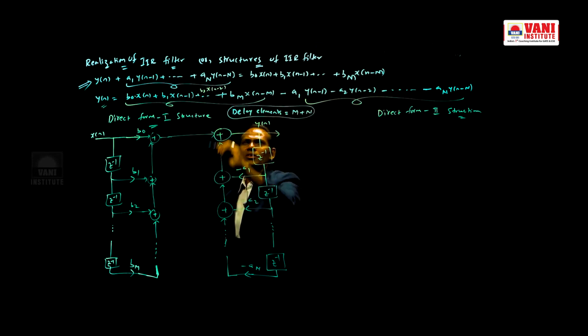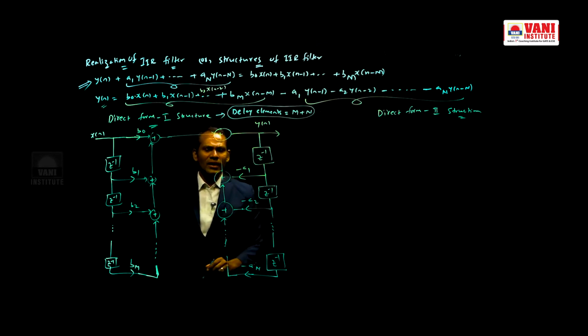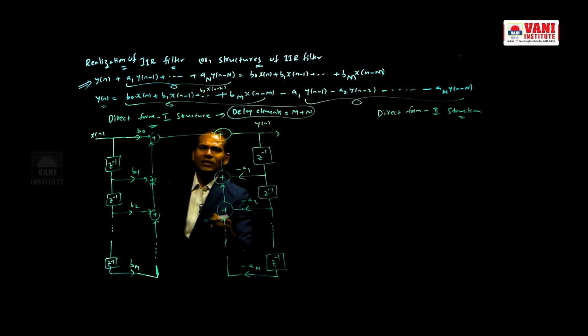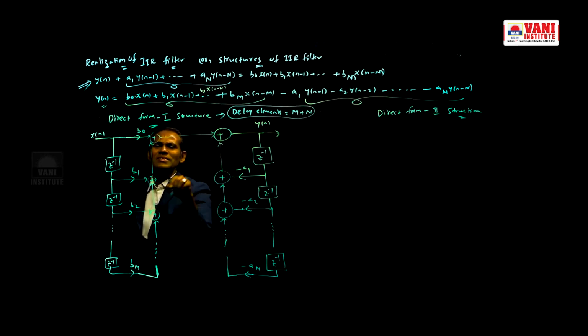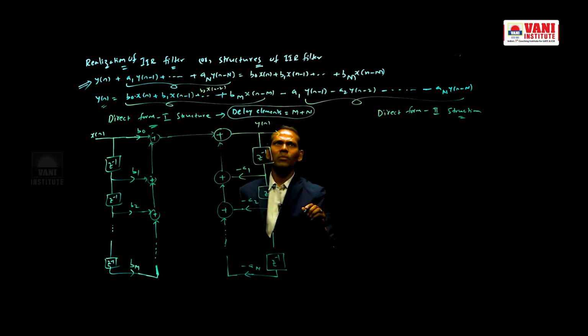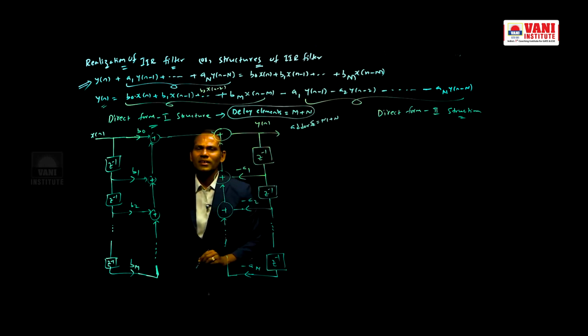That is about delay elements in direct form 1 structure. And number of adders will be same as number of delay elements. So number of adders will be m plus n.